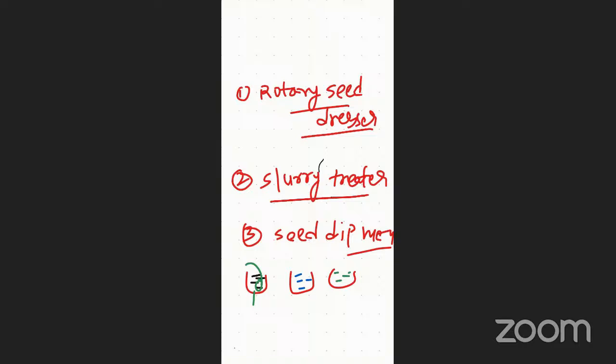The hot water treatment is also utilized for some diseases. The seeds are dipped for a specific period of time in hot water at a particular temperature, and you make sure not to harm the seed embryo.